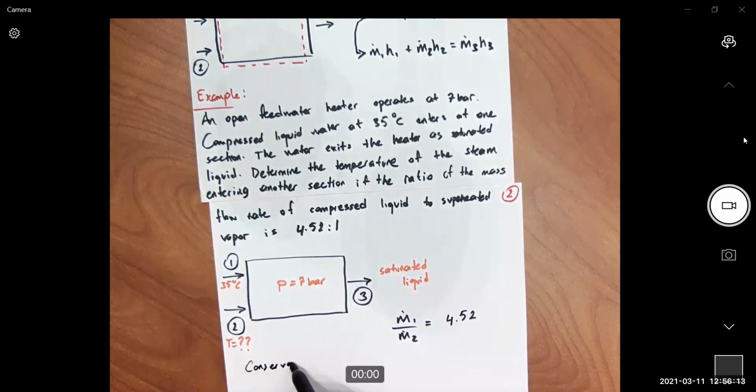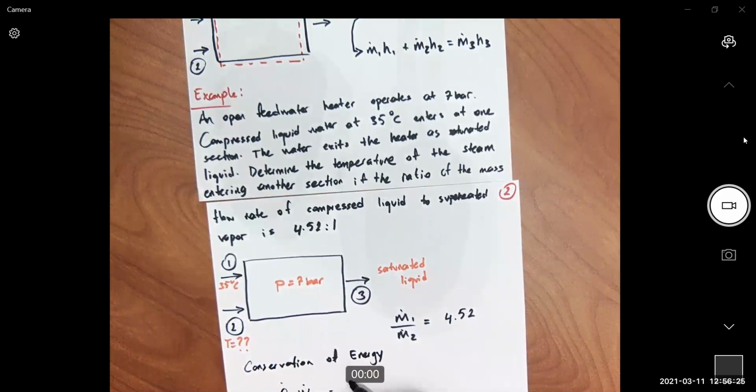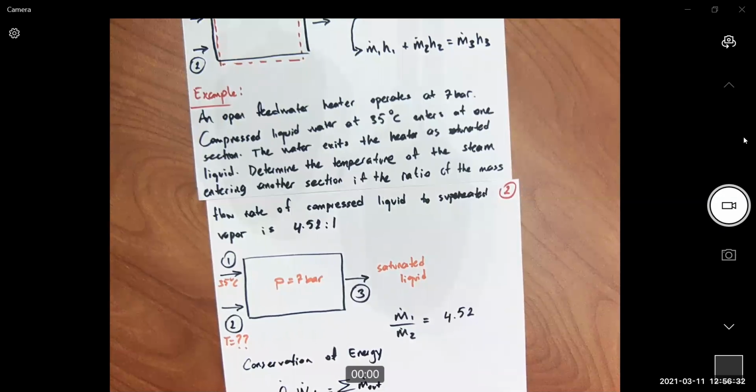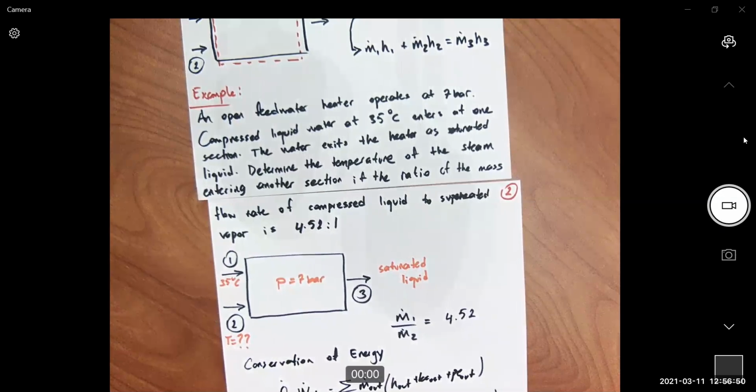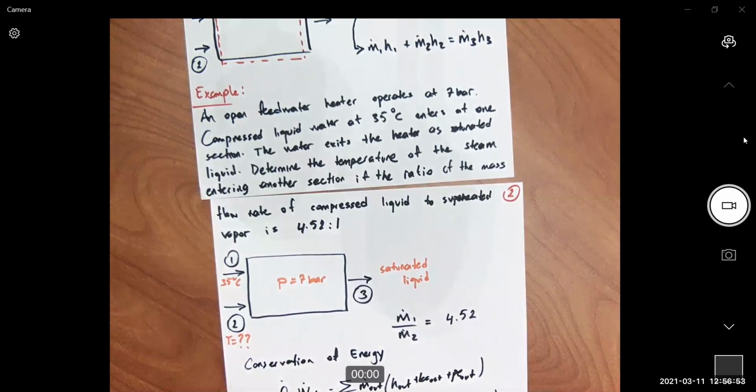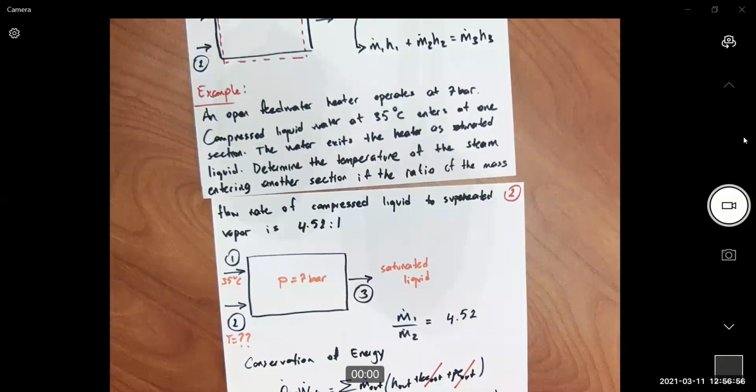From the conservation of energy, Q minus work equals summation of mass times enthalpy, kinetic energy, and potential energy at the outlet, minus summation of mass times enthalpy, kinetic energy, and potential energy at the inlet. Kinetic and potential energies are negligible.